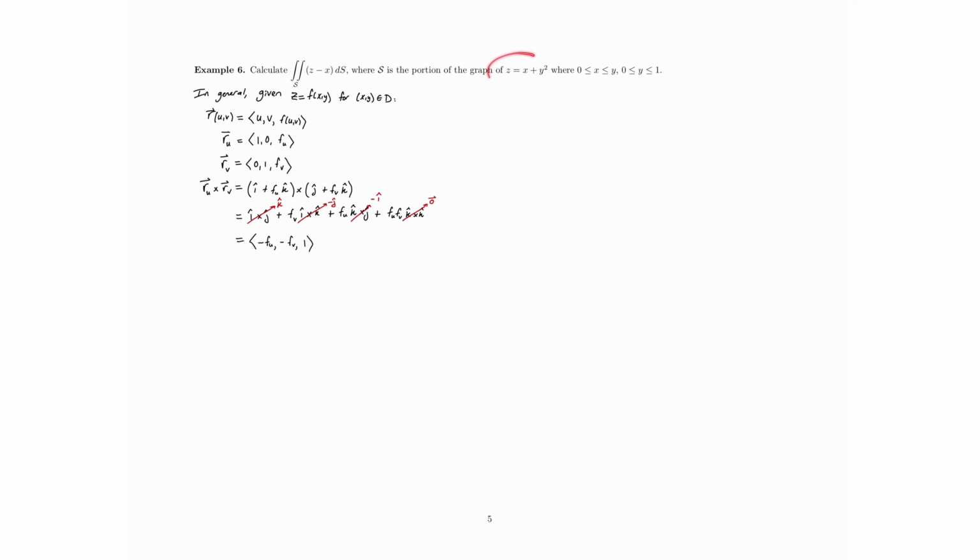We change this function here, we get the negative u partial, negative v partial, and then 1. So then the magnitude of this, r sub u cross r sub v, is the square root of f sub u squared plus f sub v squared plus 1.